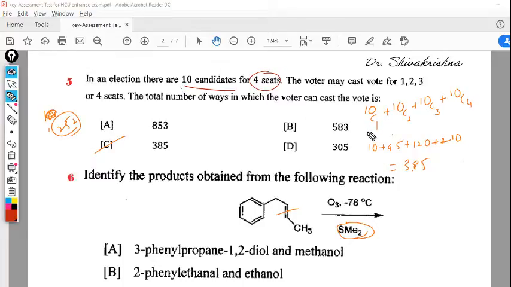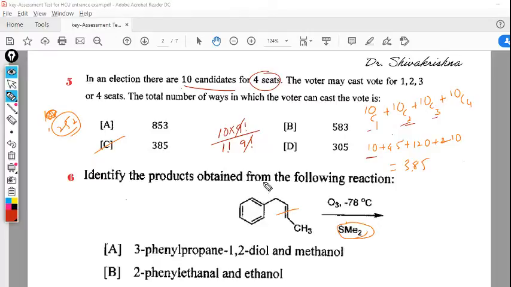So it is 10C1, 10C2, 10C3, 10C4. What is meant by 10C1? It is 10 into 9 factorial by 1 factorial into 9 factorial. So 9 factorial will cancel, and 10 by 1 it is 10. The same will repeat. If it is C2, you need to take 10 into 9, like that.